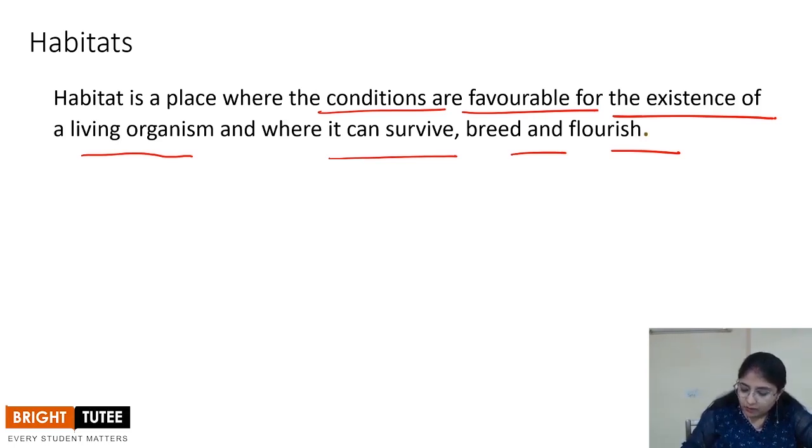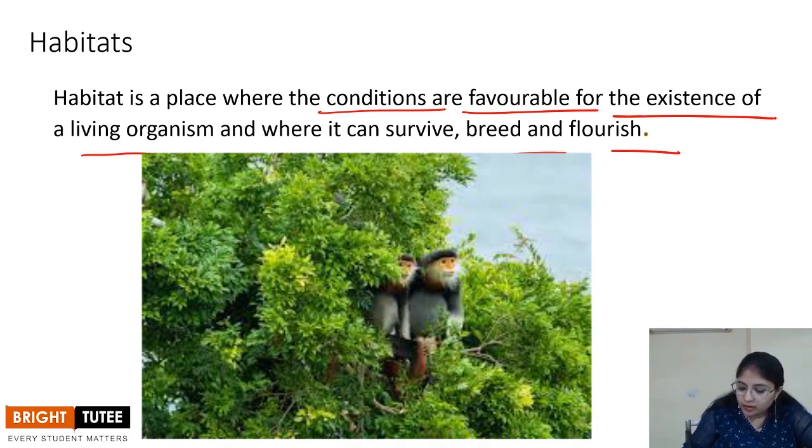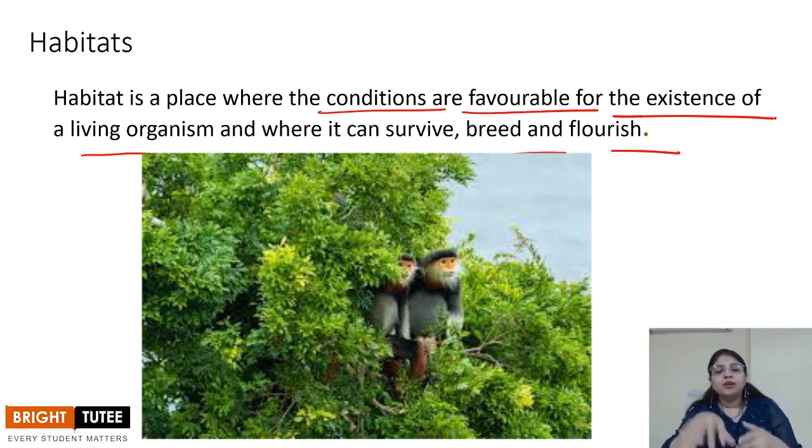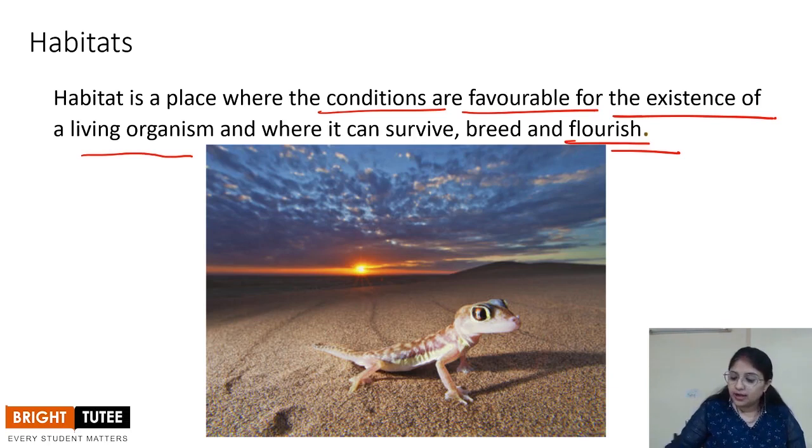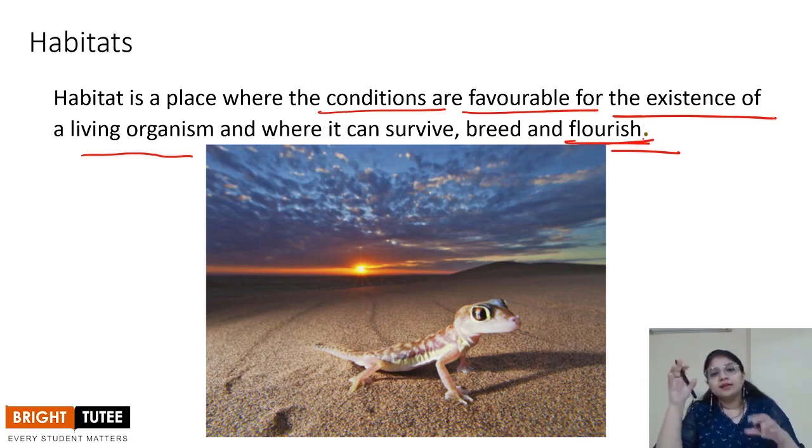It is, you can say, the breeding ground. It provides shelter and also provides protection. So these are all the favorable environment of an organism which helps it to flourish, right? When an organism is living in its natural habitat, you will see it will keep on flourishing.